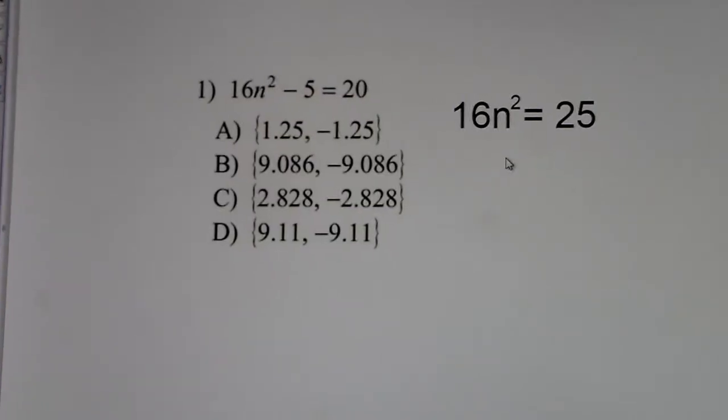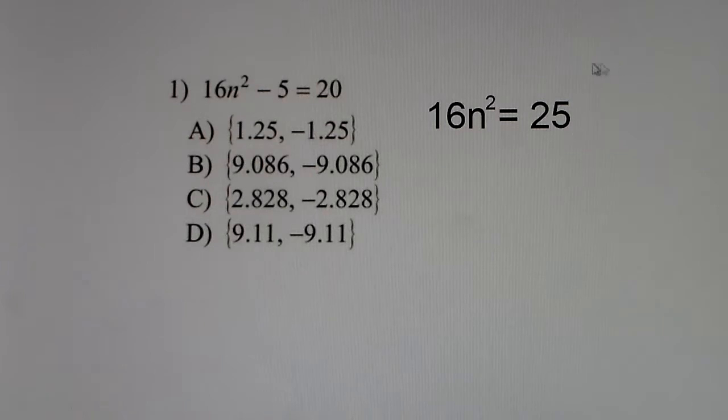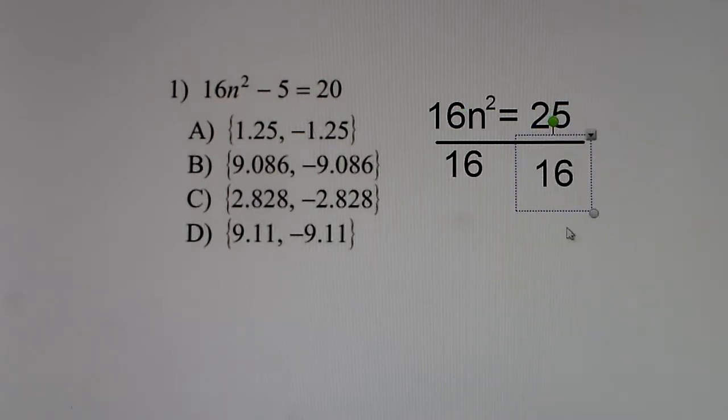Next thing that I need you guys to do is that we're going to divide by 16 to both sides. So you divide by 16, and divide by 16 there.